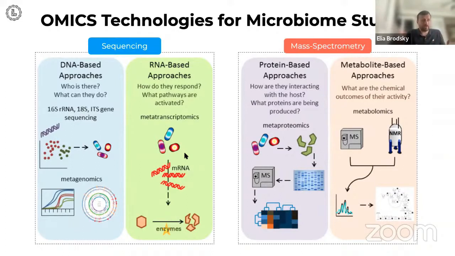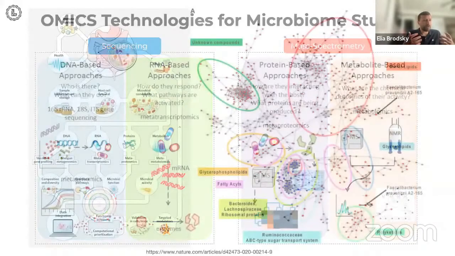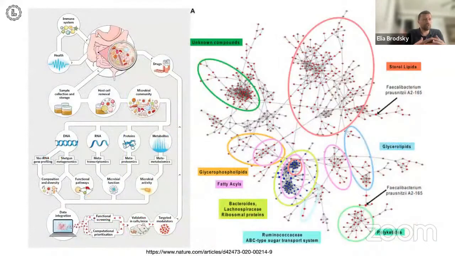In addition to that, we can study the proteins and metabolites that are being produced. And that gives us another important insight into not only what is being done in the community, but how that community is interacting with the host. And to do that, ultimately, we would like to integrate all of this information together.